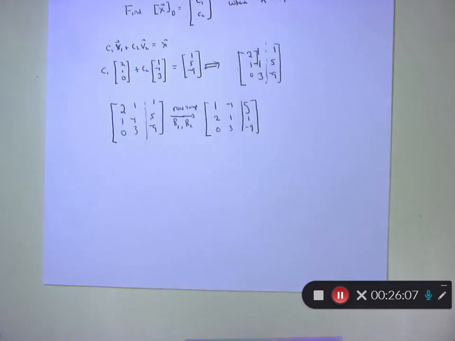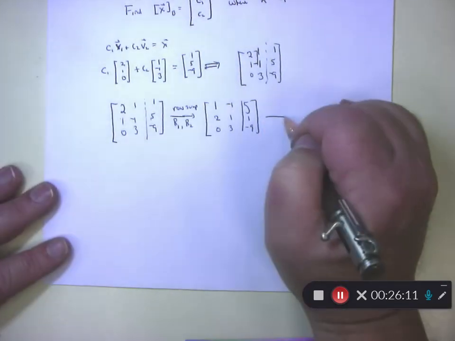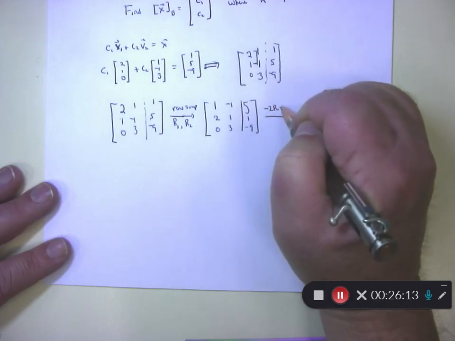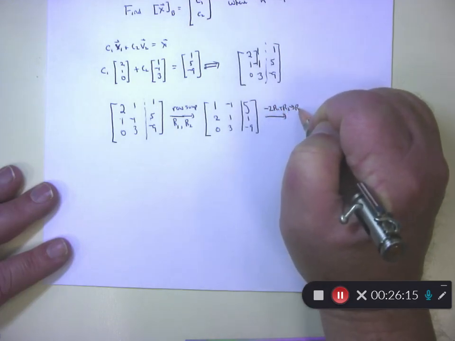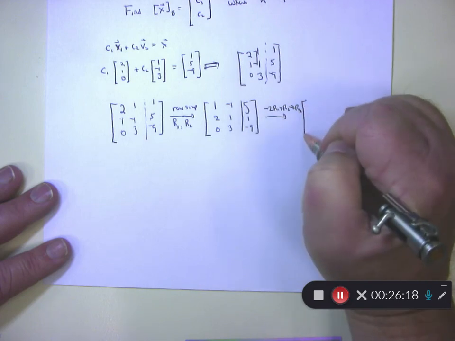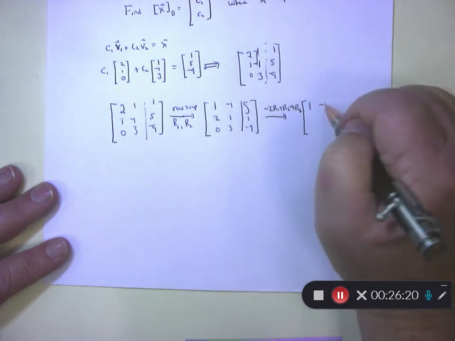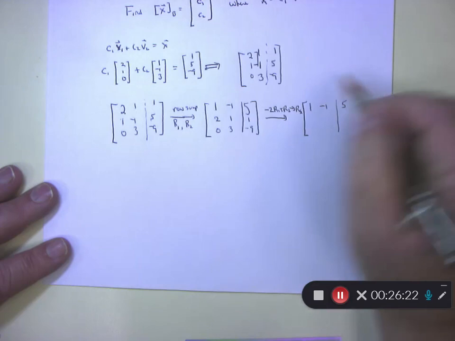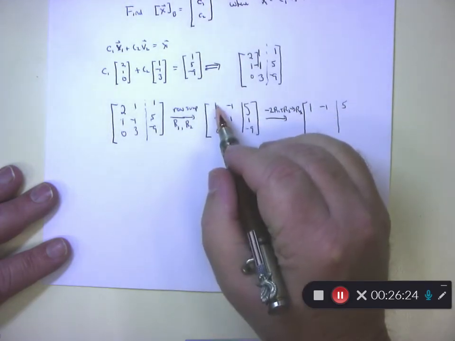What's your next move? Sweep down. -2 times row 1 added to row 2, replace the old row 2. Remember, whatever row you add to is the row you replace. So this will be 1, -1, augmented with 5. -2 times 1 is -2 plus 2 is 0.